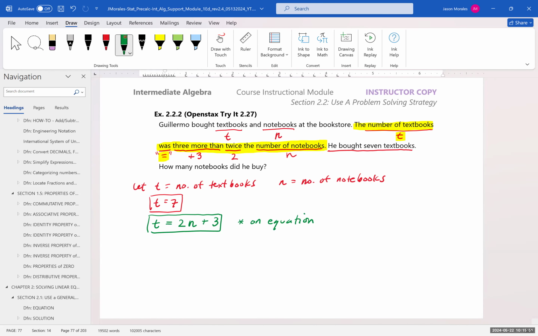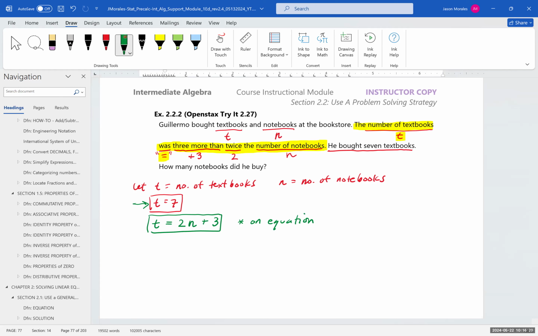Now, generally, if you've got one equation and 2 unknowns, then you're going to need 2 equations to find solutions for 2 unknowns. But what's kind of unique about this problem is that we already know the value of one of these variables. We have a solution for one of these variables already.